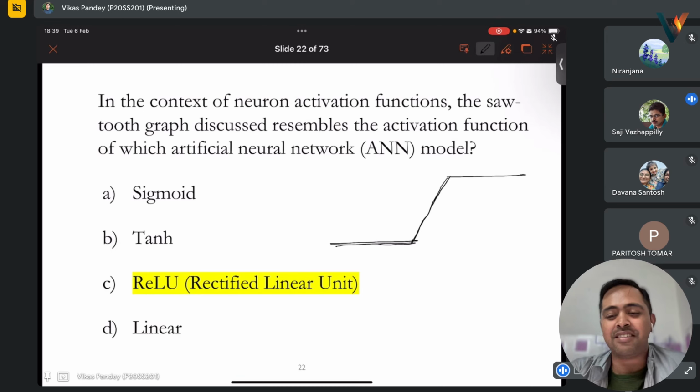Okay, sir. In the next class I will try to put all of these together, and then we can compare which one will be better. Actually, tanh has both positive as well as negative values, while ReLU will be like 0 and 1s.